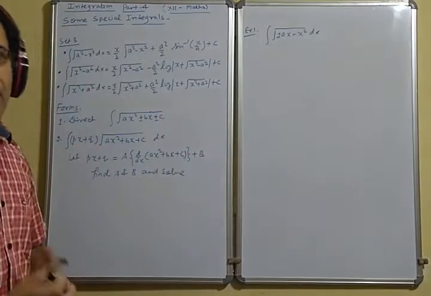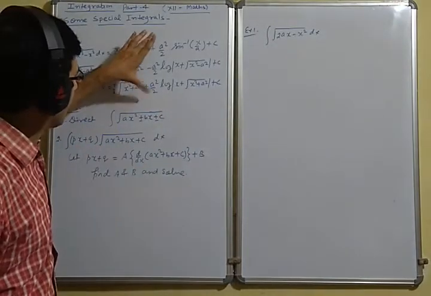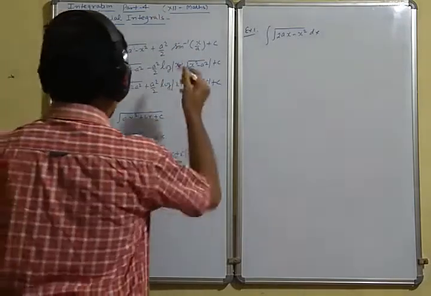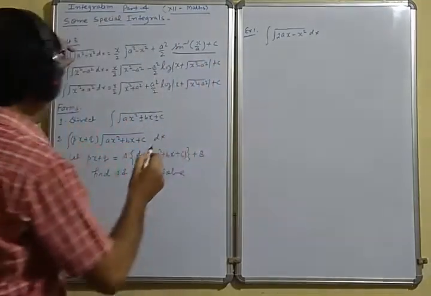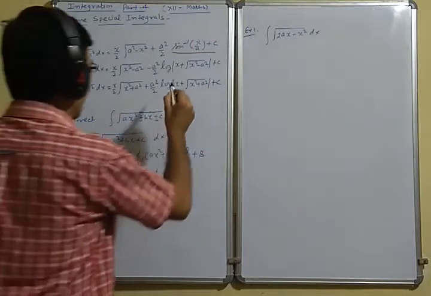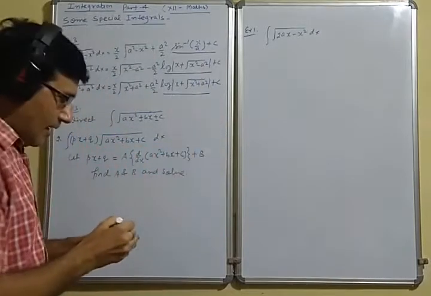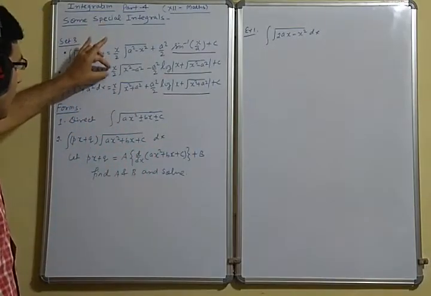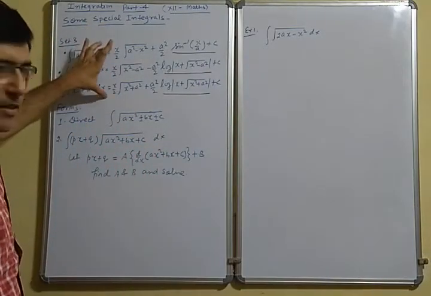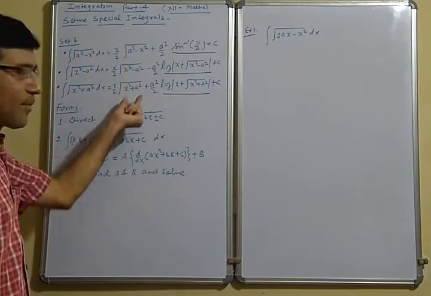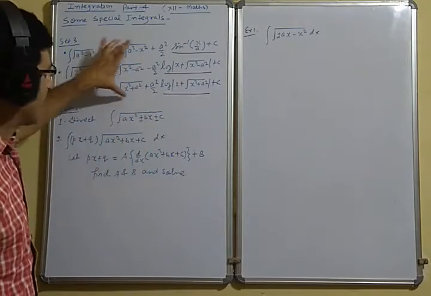How will you learn these formulas? Sin inverse x by a was in the denominator set, and this is the log set. Here the first thing, x by 2, is common, and whatever is written in the square root, as it is we have to write, so easily you can understand.